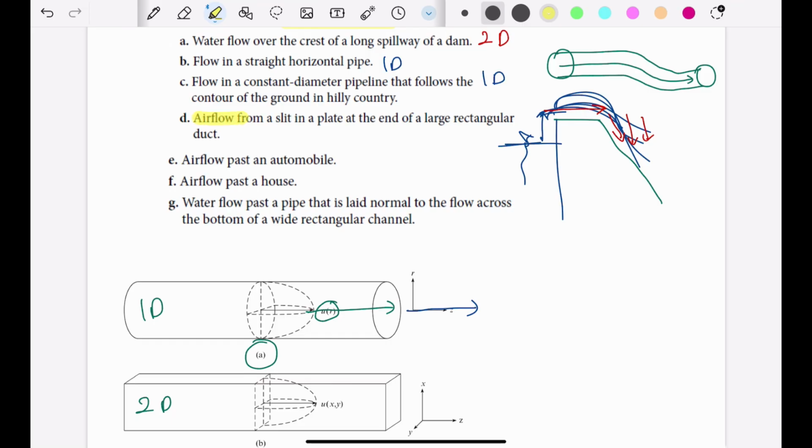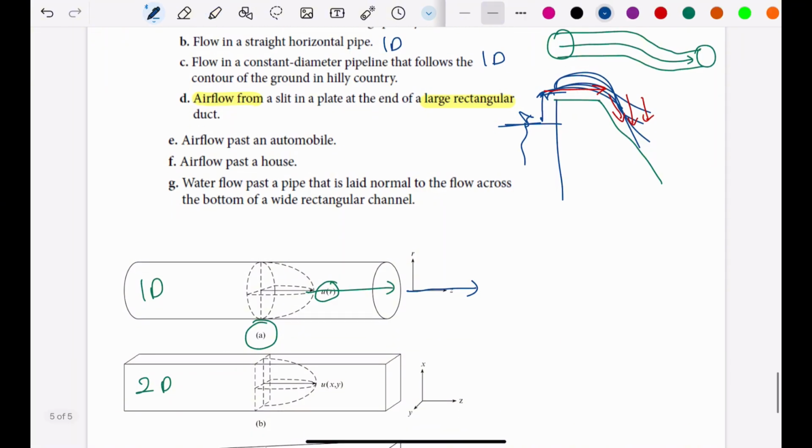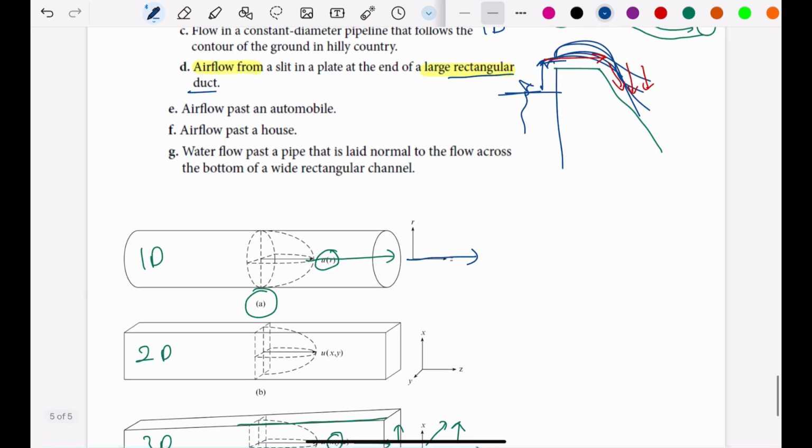For D, we have airflow from a slit in a plate at the end of a large rectangular duct. So this means that it is actually directly mentioning rectangular duct, which is 2D. But let me explain. So let's say we have airflow, and this velocity changes as the air moves away from the plate and spreads out.